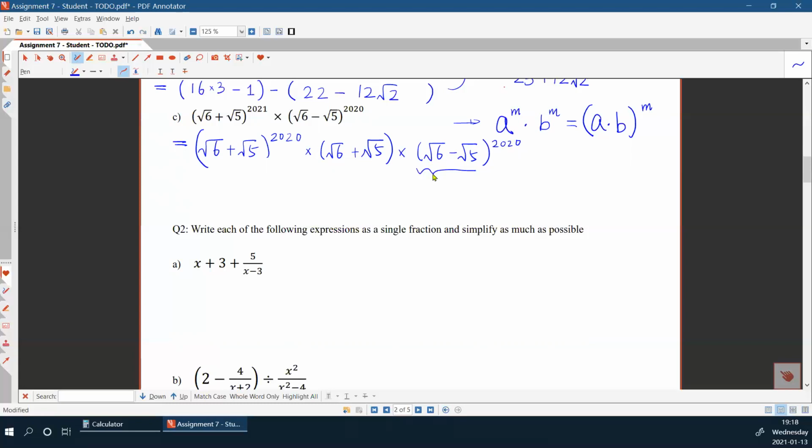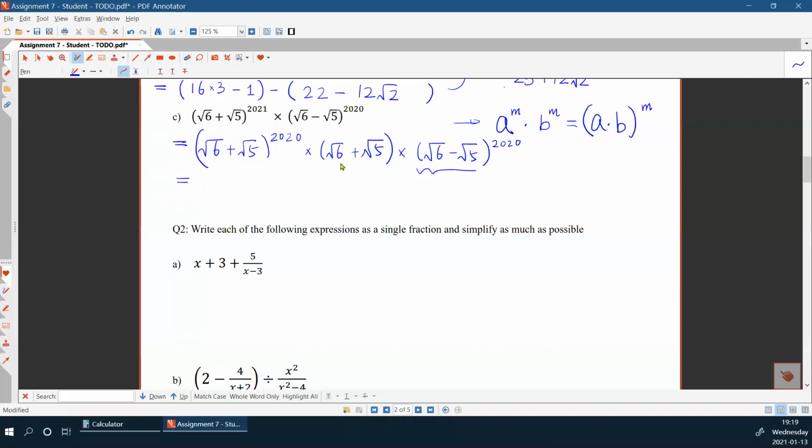Why can I call this a sum? Because this is actually square root of 6 plus minus square root of 5. Actually, it is also a sum, right? So we can also call it the sum of these two numbers.